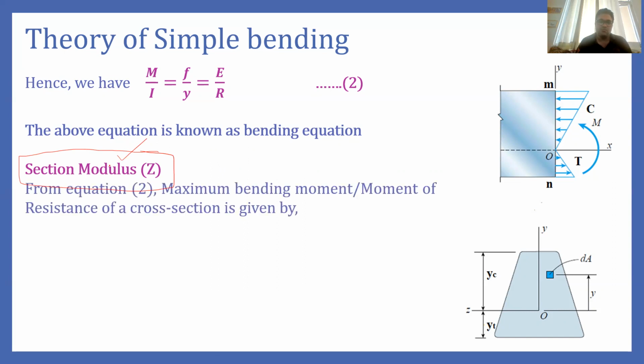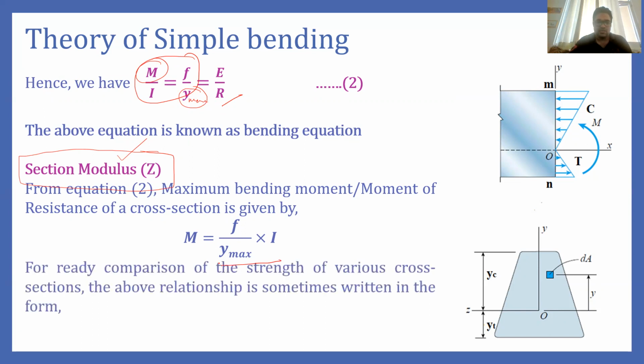From equation 2, the maximum bending moment or maximum moment of resistance can be calculated if we consider only these two terms. So M is equal to F by Y, where Y will be Y max, because the maximum bending moment will occur at the topmost fiber. Y max is the distance from the neutral axis to the topmost fiber. So M is equal to F by Y max into I.